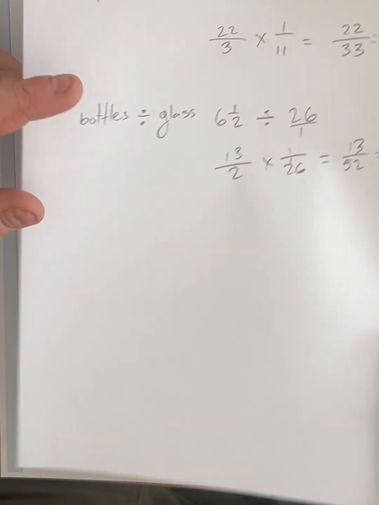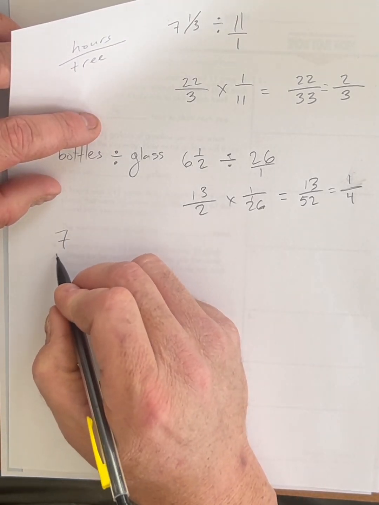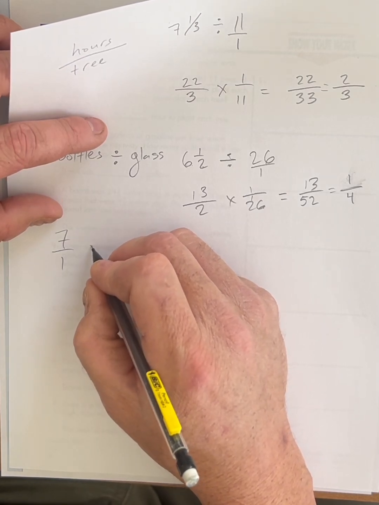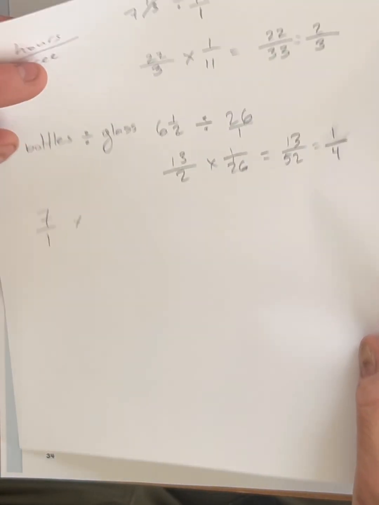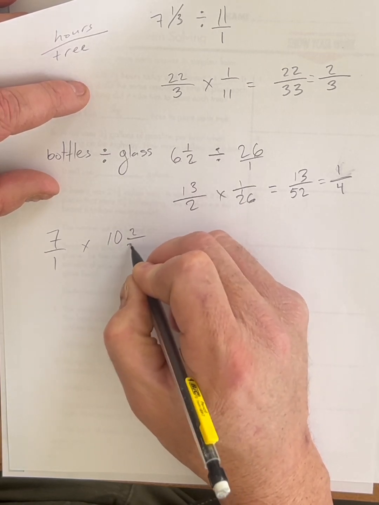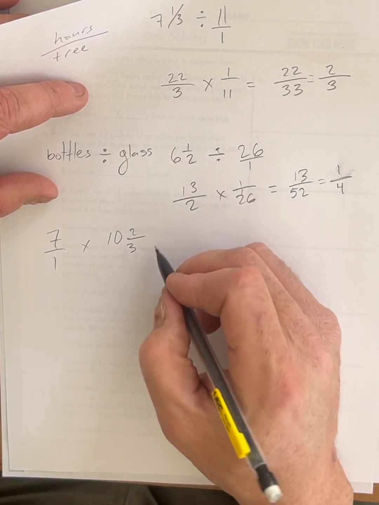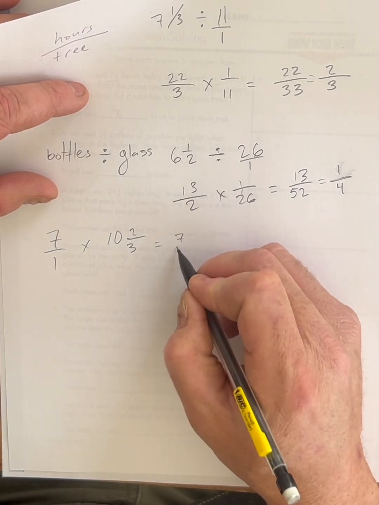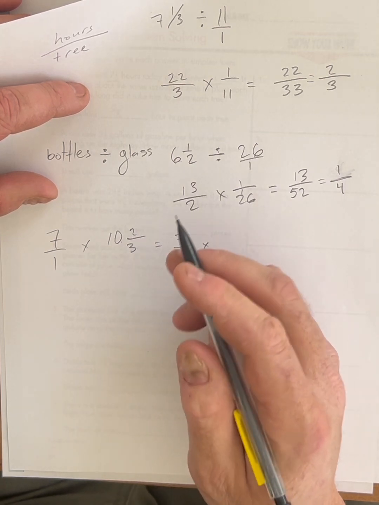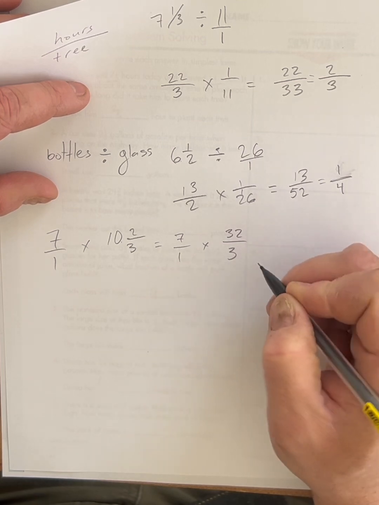So this one's multiplication: 7 crates, 7 is the same as 7 over 1, 7 crates times 10 2/3. And that is the same as 7 over 1 times 10 times 3 is 30, plus 2 is 32, 32 thirds.